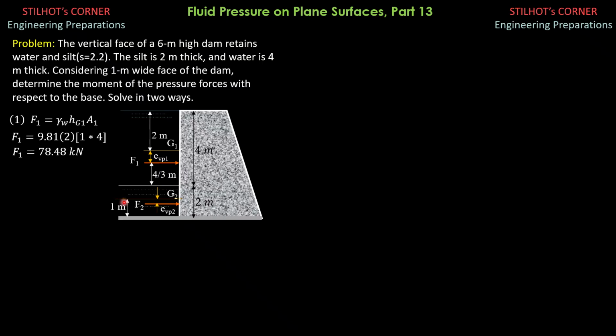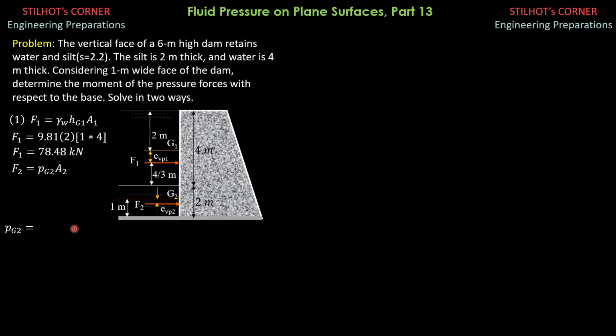Likewise, for F2, because we have layers of liquids, we have to use the other formula: pressure at G2 times area 2, where the pressure at G2 begins here at 0, 9.81 times 4 plus specific gravity of silt 2.2 times specific weight of water 9.81 times 1, because G2 is 1 meter below the interface between water and silt.